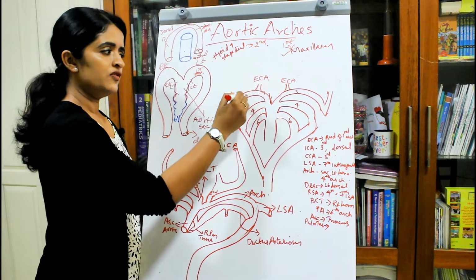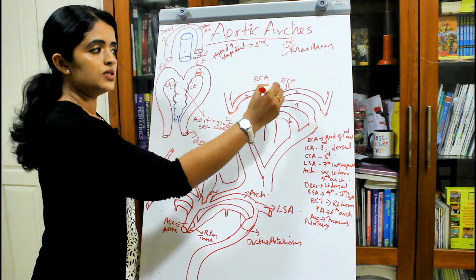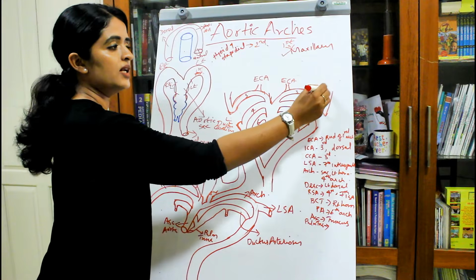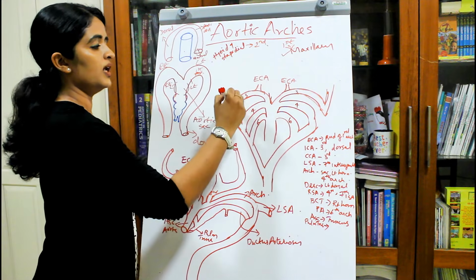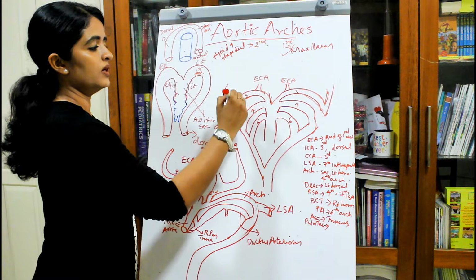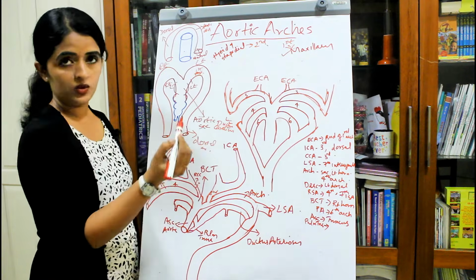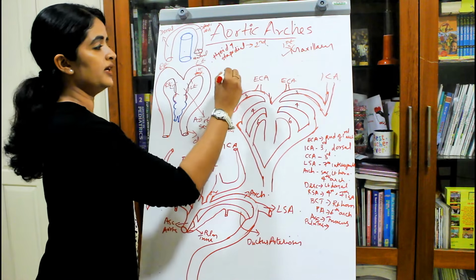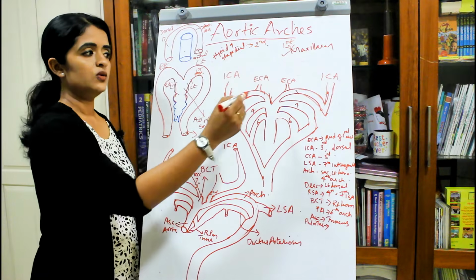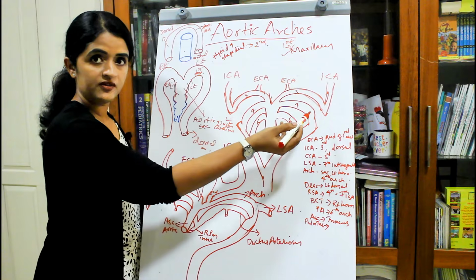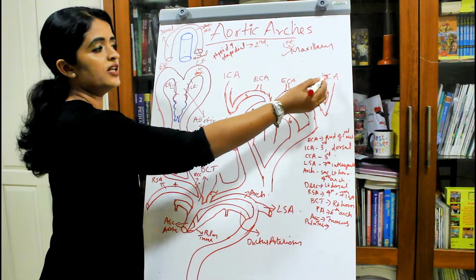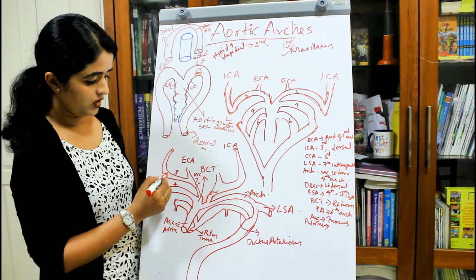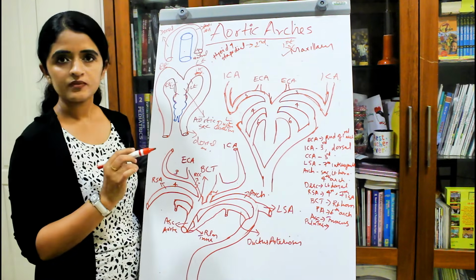The remaining part of the third arch, distal to the external carotid artery, and a cranial elongation of the dorsal aorta form the proximal portion of the internal carotid artery. Okay, so the third arch distal to the bud of the external carotid artery, along with the cranial portion of the dorsal aorta, forms the internal carotid artery. So you are getting a picture like this here.